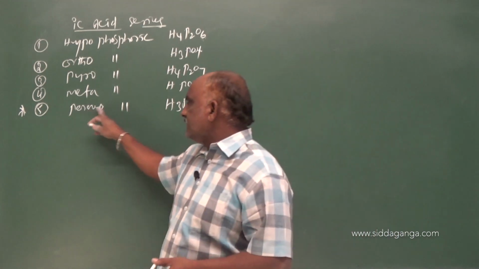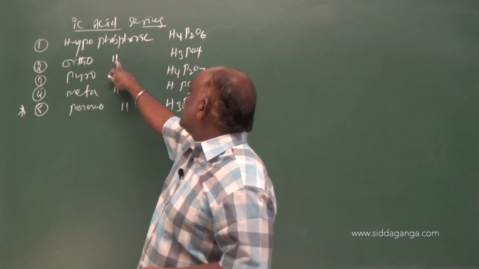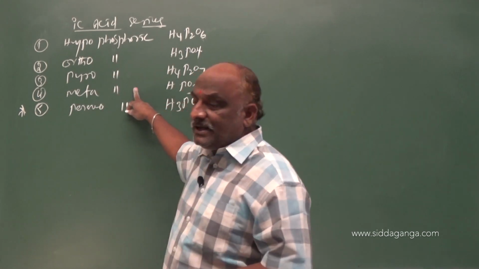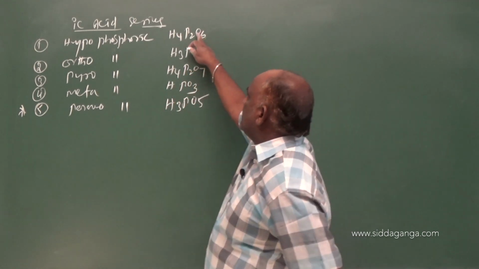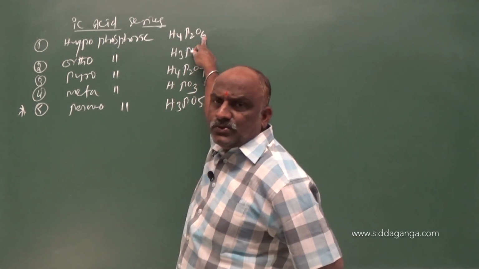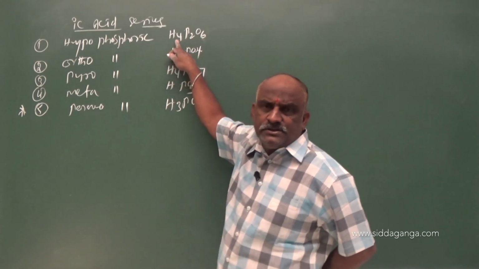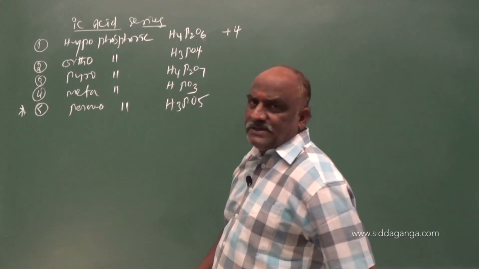This is not in syllabus. Hypophosphoric, orthophosphoric, pyrophosphoric, metaphosphoric, peroxophosphoric. So here the number of oxygen is 6. 6 into 2 is 12, 12 minus 4 is 8, 8 by 2 is 4. So the oxidation state of phosphorus is plus 4.